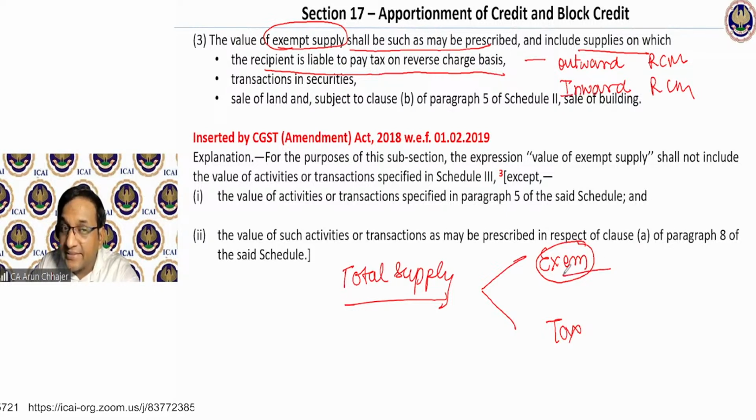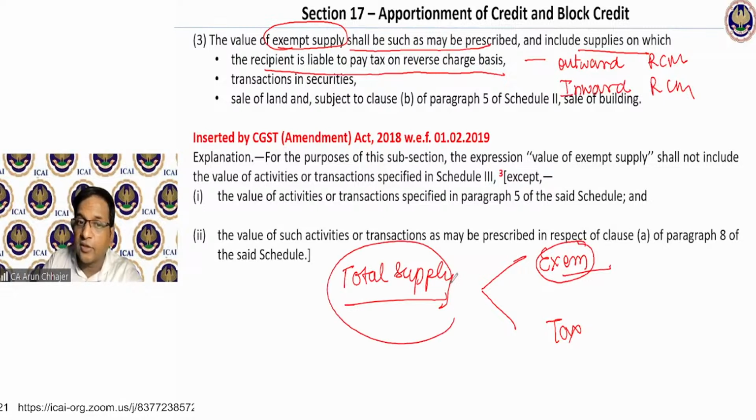So it means we are calculating the turnover. We are not calculating the purchase. We are not calculating the expenditure. We are calculating the outward supply. We are not calculating the inward supply.